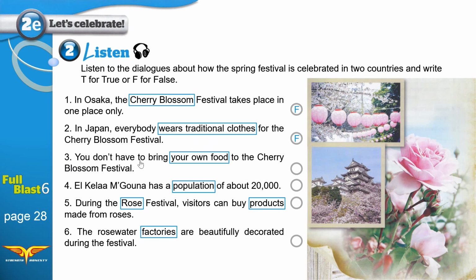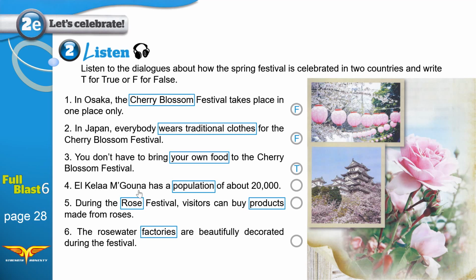Three. You don't have to bring your own food. That is true. Why? There are food corners that can sell you food made with cherries. Four. El Kilamaguna, now we finished the first dialogue. Four, five, and six are related to the second dialogue.